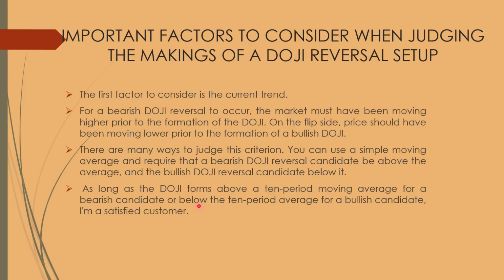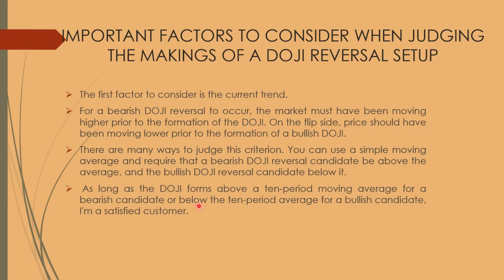What are the important factors to consider when judging the makings of a doji reversal setup? The first factor to consider is the current trend. For a bearish doji reversal to occur, the market must have been moving higher prior to the formation of the doji. On the flip side, price should have been moving lower prior to formation of a bullish doji.